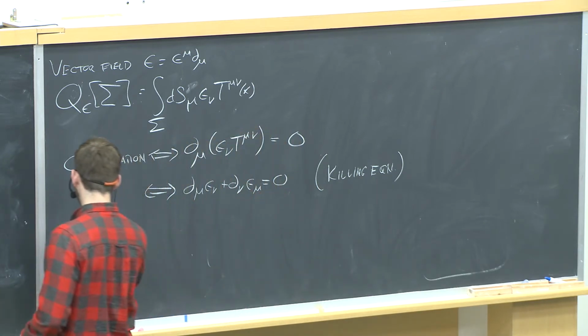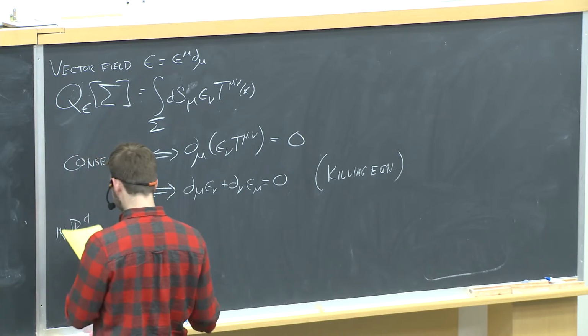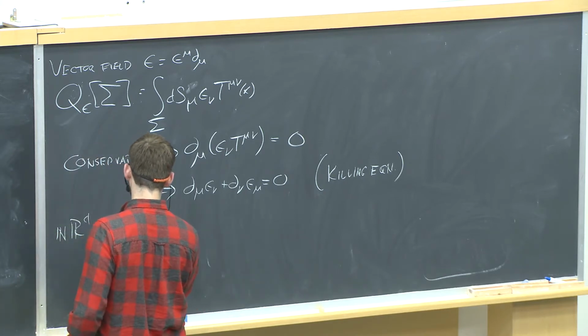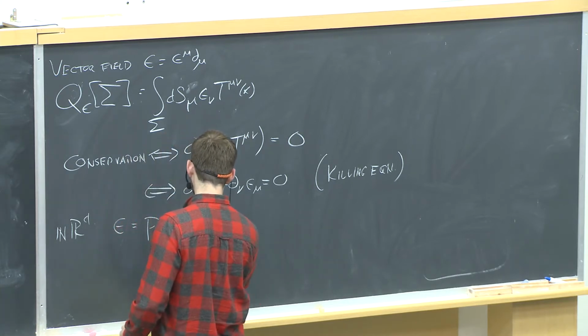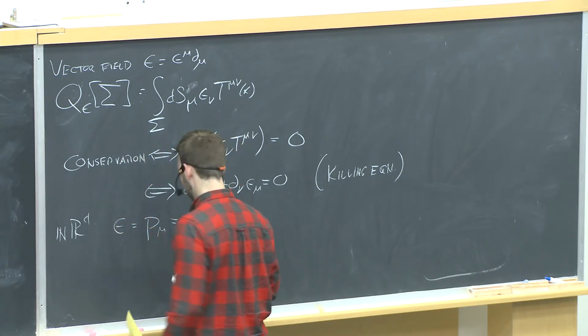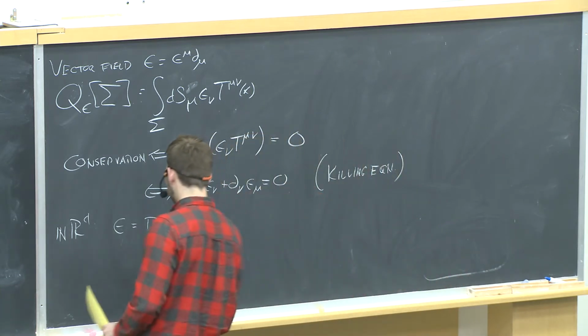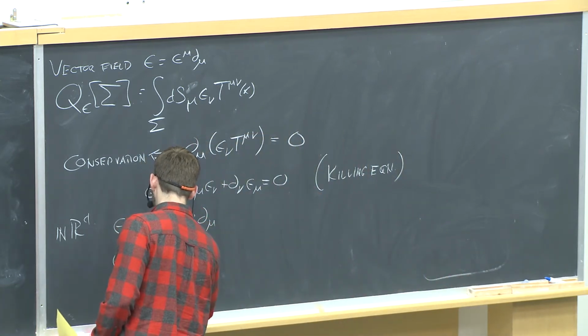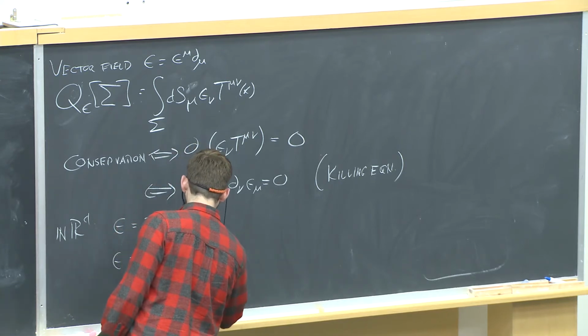So in particular, in d-dimensional Euclidean space, the Killing vectors are the ones associated with translations, which I will normalize this way, and the ones associated with rotations that I will normalize this way.